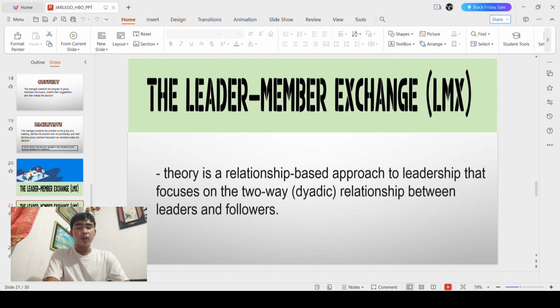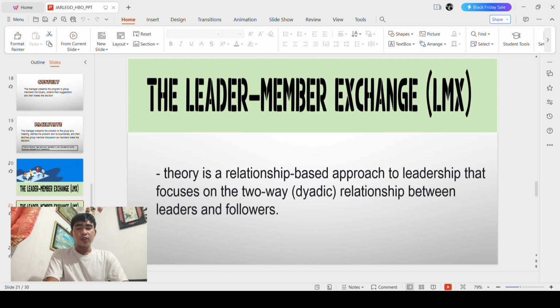So the theory proposes two distinct groups within a team, the in-group and the out-group. The members of the in-group have a high-quality exchange with the leader characterized by mutual trust, respect, and a higher level of support and responsibility. On the other hand, members of the out-group have a lower quality exchange with less personal attention and fewer benefits.